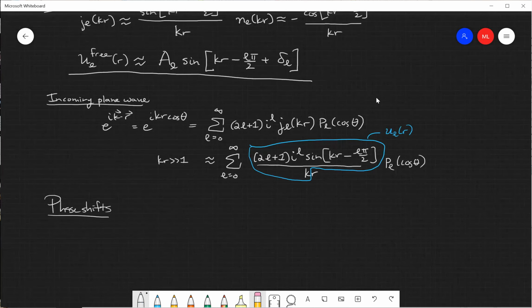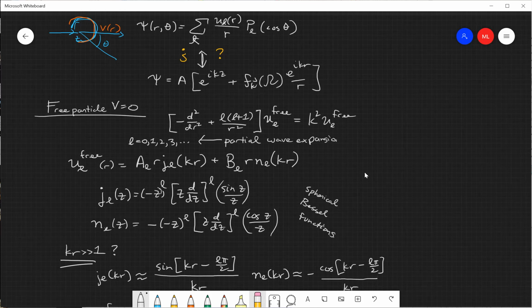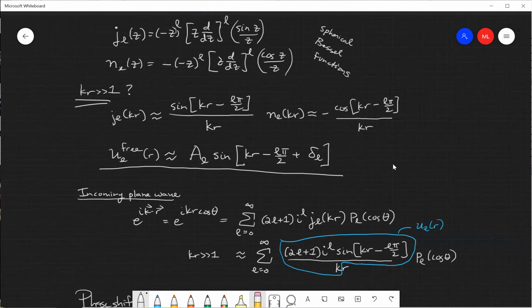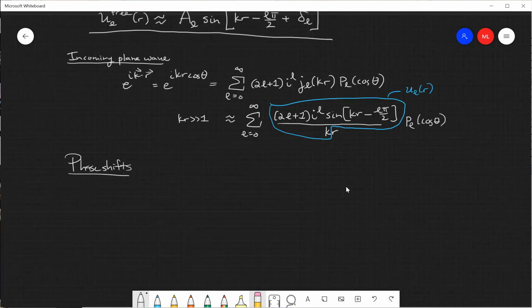And every value of L is a so-called partial wave. I forget exactly what the origin of the phrase is. Maybe it's because the main formula comes down to expanding a plane wave into a bunch of different pieces. I knew, but I forgot why it's called a partial wave. Maybe I'll tell you next time. But that's just what they're called.